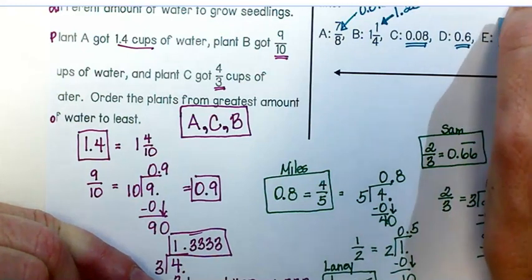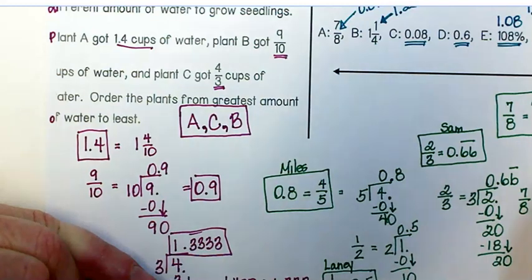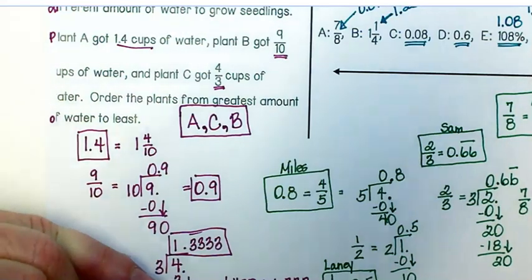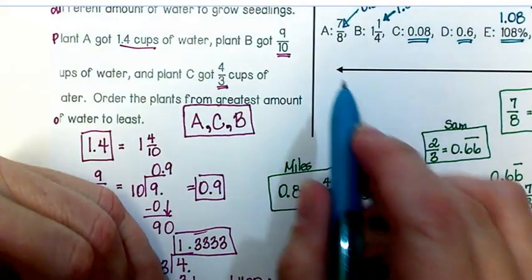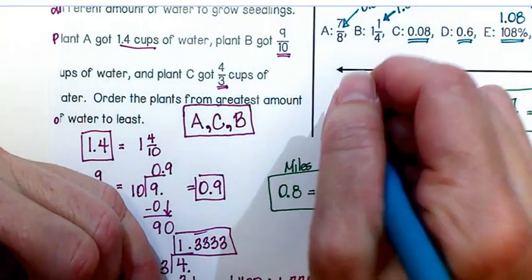So 108% is 1.08 in decimal form. Again, if it's a percent, knock the percent off. The decimal is currently at the end. Move it. Boom, boom. This is 0.95. Okay? So now we have all of them in decimal form.